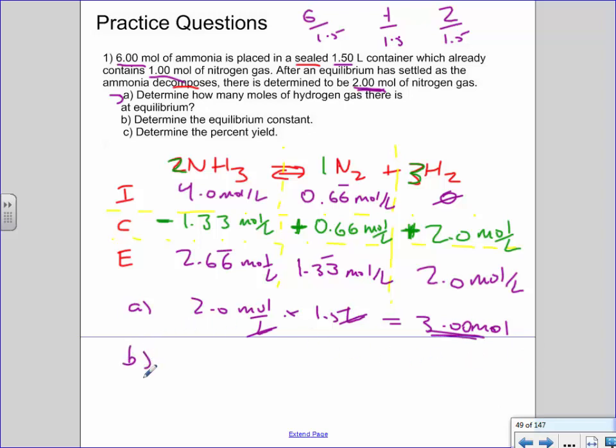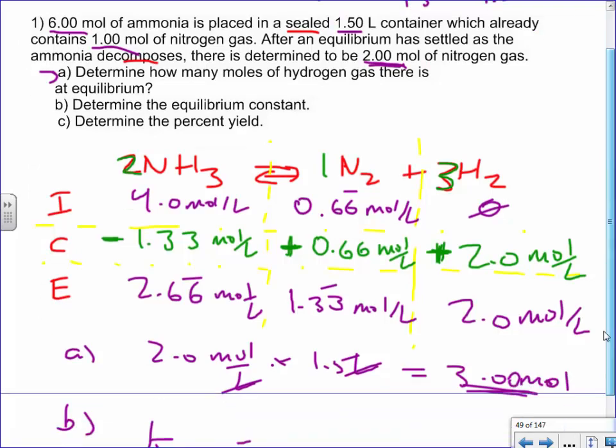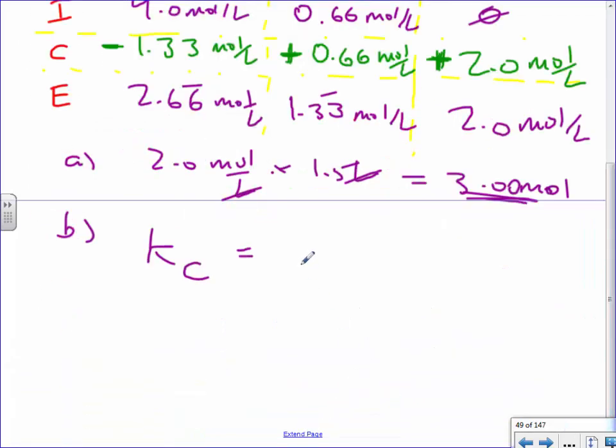Okay, part B. What was favored? The reactants or the products? Well, there's actually 2 ways we should be able to try to figure this out. The equilibrium constant is really the one you're supposed to do. So we'll do that one first. The equilibrium constant basically says to write this equation here. You want your products written over top of your reactants.